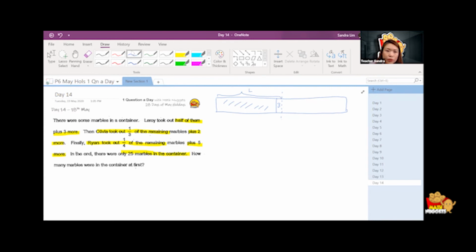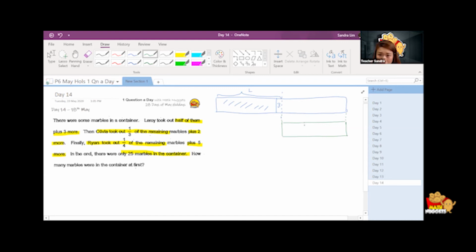Now next, Olivia took out 1/3 of the remaining. So I'm going to just bring down the remainder, okay? I bring down the remainder instead of just cutting up there, all right? So it's clearer later on. And now we know that Olivia took out 1 out of 3.